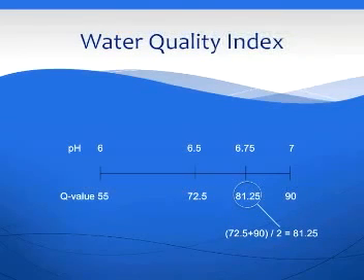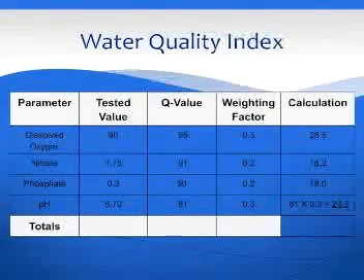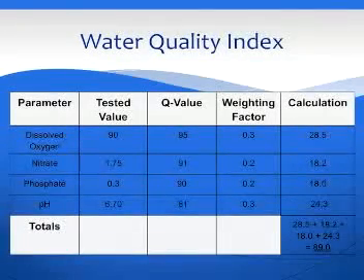We can see that it's 81.25, but we want 6.7, not 6.75, so we'll just go a little bit less than 81.25 and round it to 81. So we put 81 in our Q value section of our chart, multiply it by our weighting factor to get 24.3.